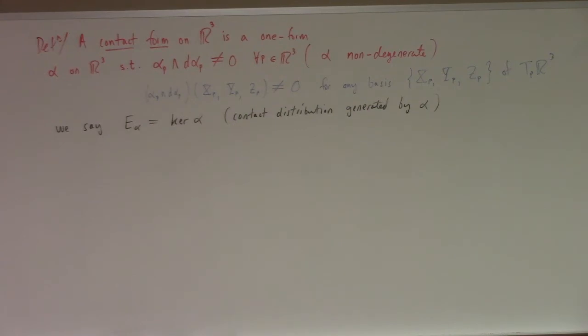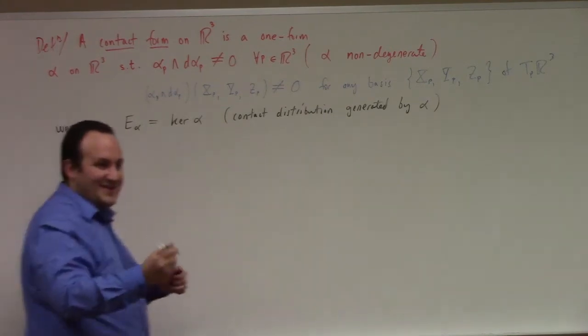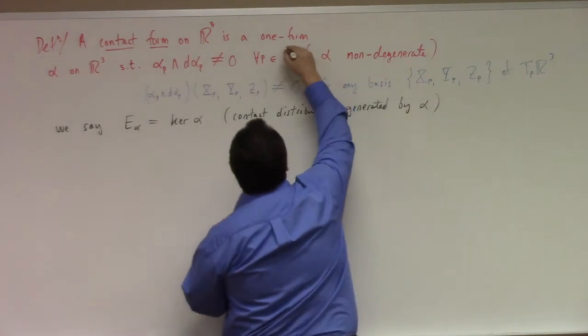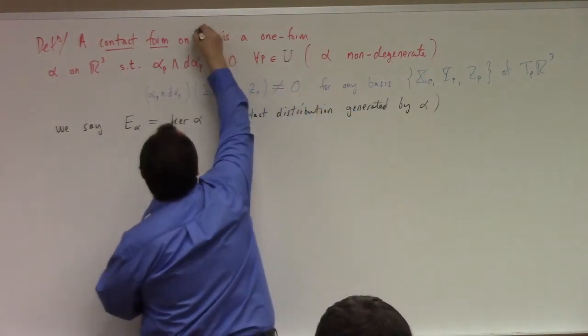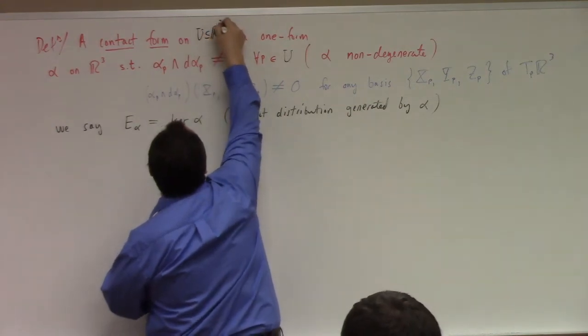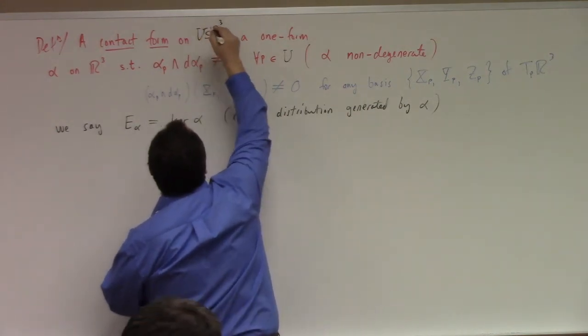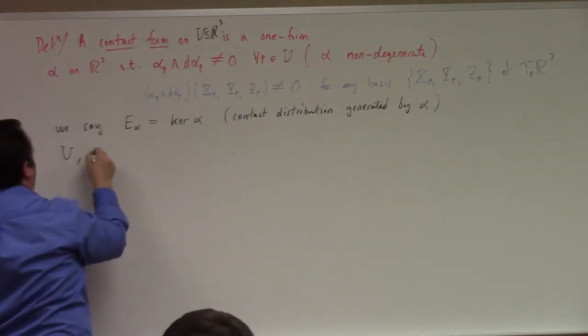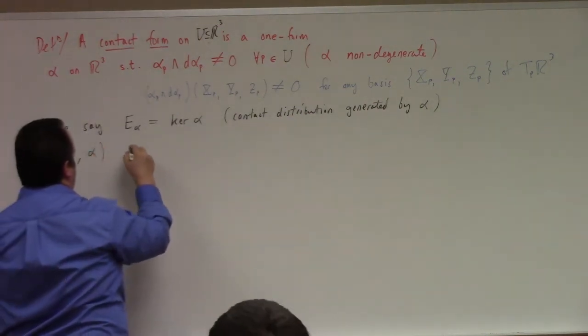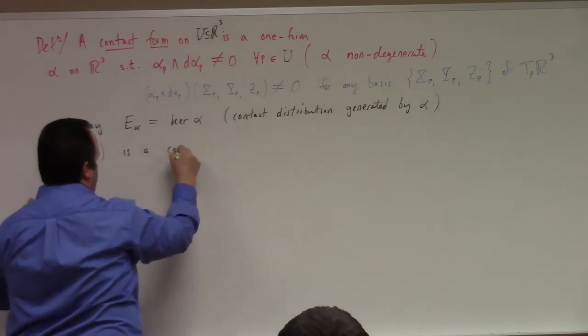So he says, if you have a domain U, now he's dropping all of R3 and putting U here, a subset of R3. Knew he'd do it eventually. So if we take U paired with alpha, it is a contact space.